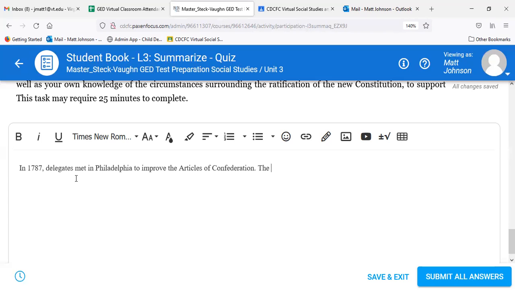How about, here we go. So delegates decided. Delegates decided that the Articles of Confederation were too weak.